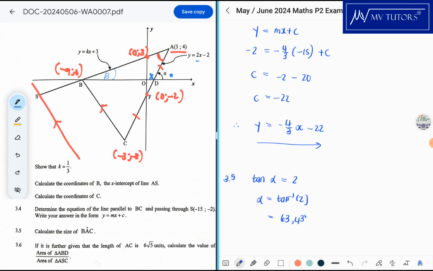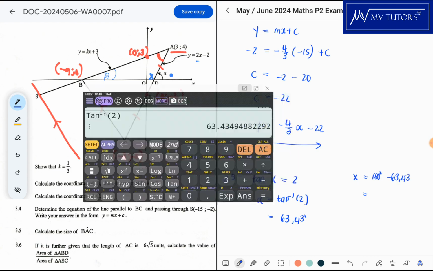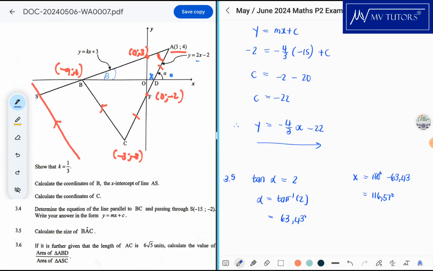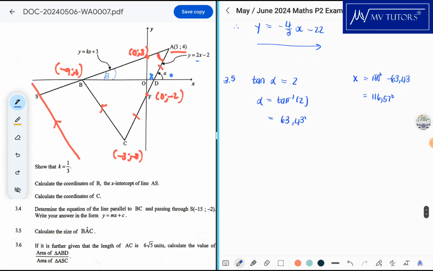And it has to make sense. If you look at alpha, it does look like it could be 63,43. And for that angle there, it's going to be 180 minus 63,43. So 180 minus the answer, I get 116,57 degrees.